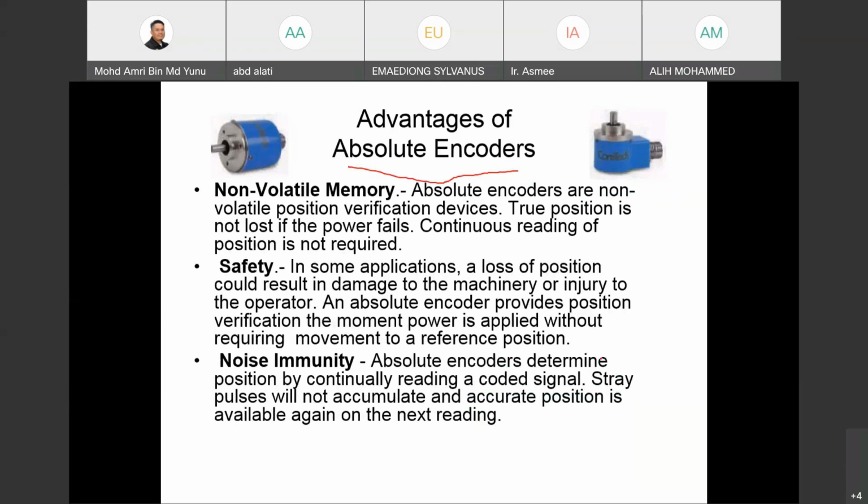Okay, this is the advantage. So the non-volatile memory means that it can retain the actual position when the power supply is removed or the power shuts down.